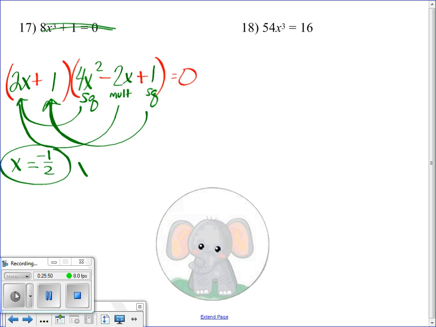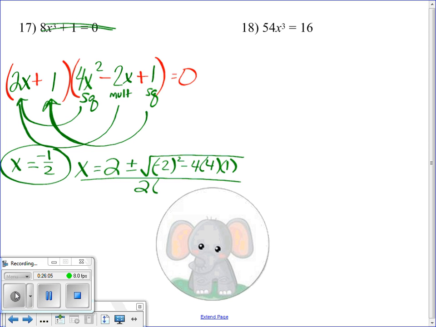Quadratic formula. So x equals negative b, so negative 2, plus or minus the square root of negative 2 squared minus 4 times 4 times 1, all over 2 times 4. All right, what do we get underneath the radical? All over 8.